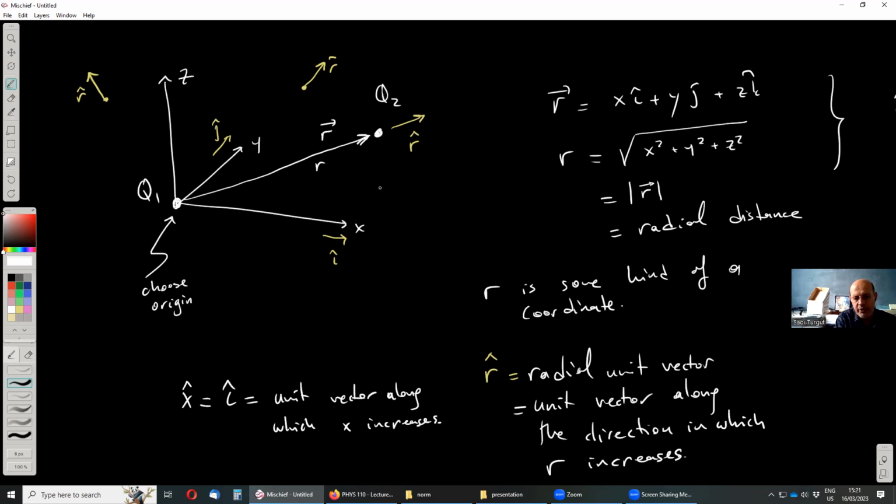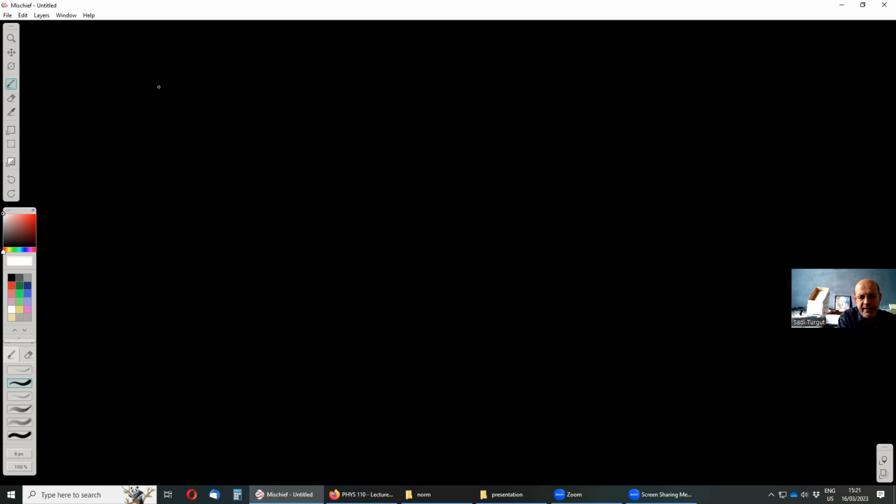In any case, I'm going to draw this again. Sorry about that. The same story again: x, y, z axes, but I'm not going to label them. One of the charges is at the origin, and we have the other charge here. R is the radial distance, and r hat is the radial unit vector.